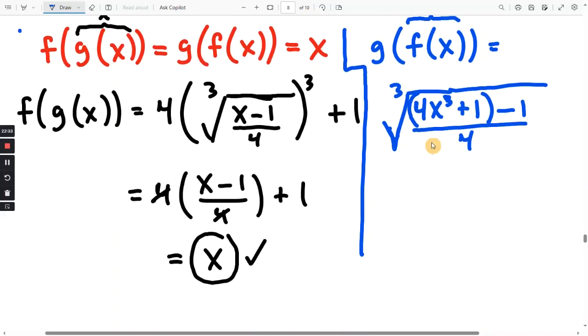Let's see. We have the cube root, and we have plus 1 minus 1, that cancels, and then we're left with 4x to the third over 4. 4 over 4 cancels, and we have the cube root of x to the third.